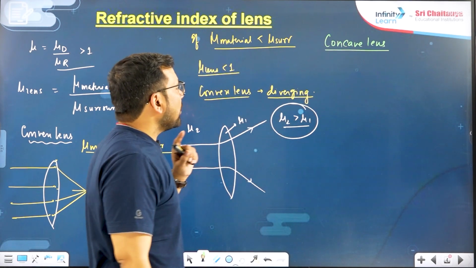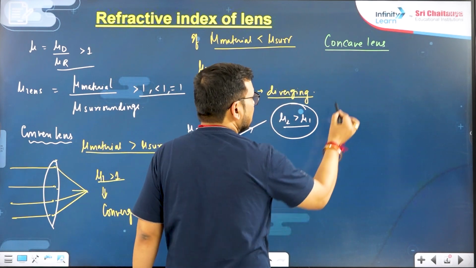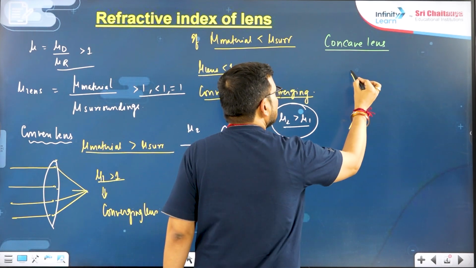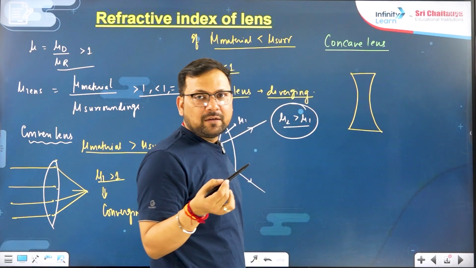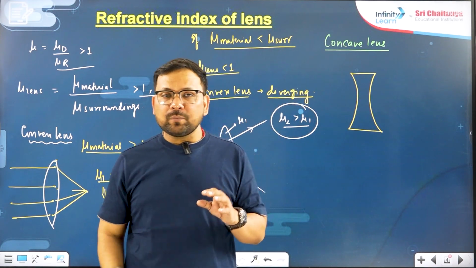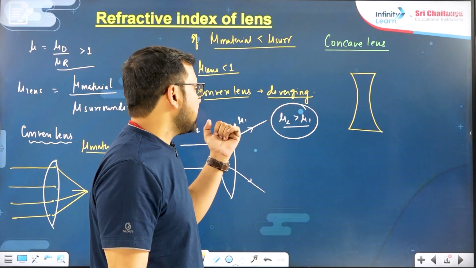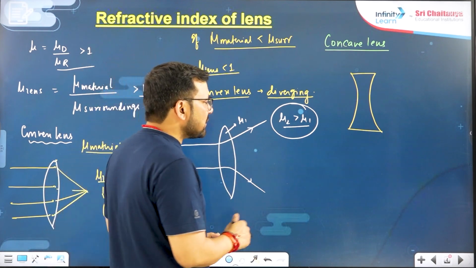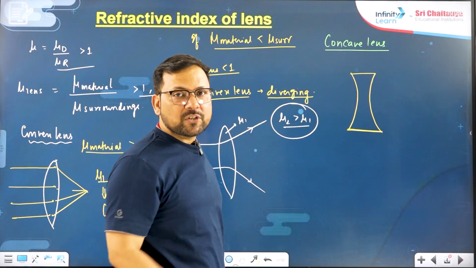Now, if we are going to the concave lens, how do things go? See, this is the concave lens, and generally we know that the concave lens is the diverging lens. But now we have learned that from the name of the lens, we will never decide whether it is converging or diverging. We will always compare the refractive index of the material with that of the surroundings.